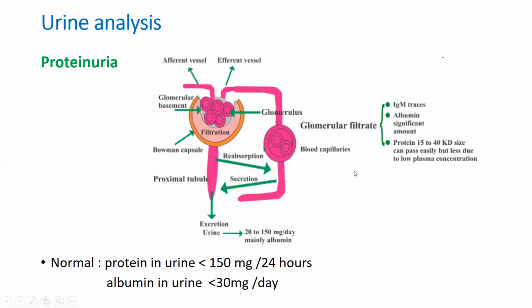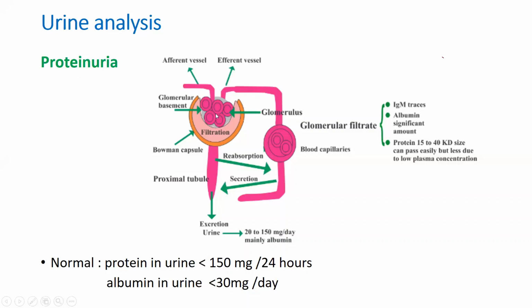So the next aspect we need to look at when we are investigating is assessing your urine. Here I'm going to only talk about proteinuria and red cells. In proteinuria, again going through the picture, you have your afferent arteriole, the glomerulus, efferent arteriole, tubules come and go out, and here you have the urine.